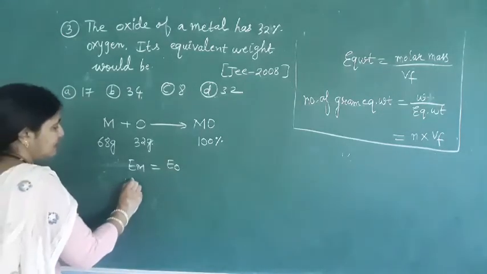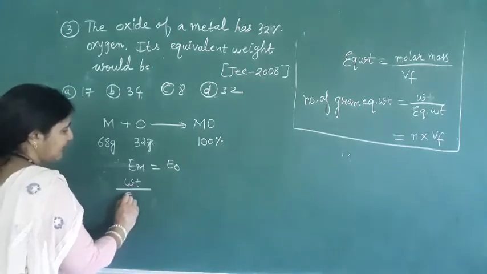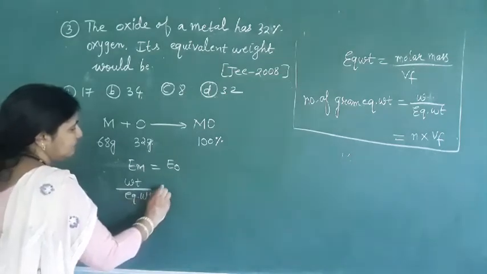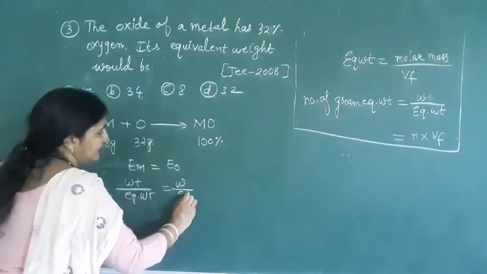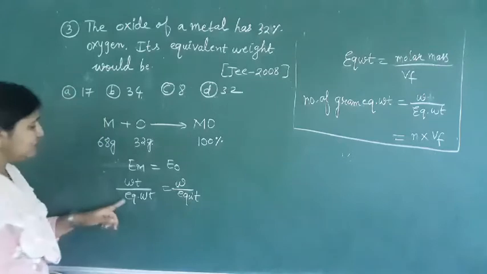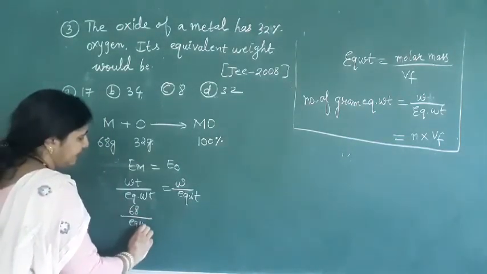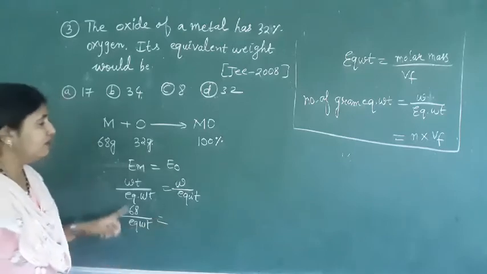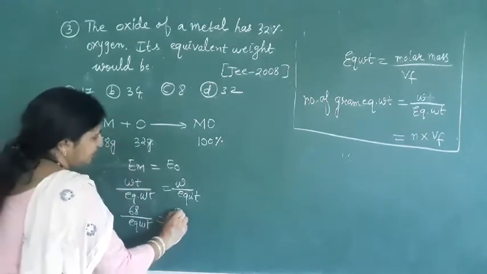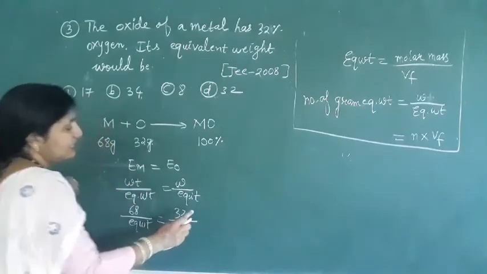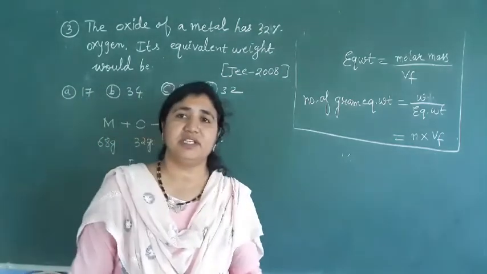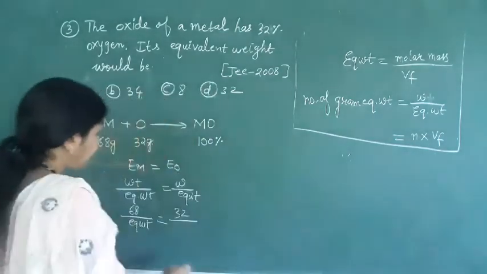Equivalent of metal means weight divided by equivalent weight is equal to weight divided by equivalent weight. The weight is 68 divided by equivalent weight here, and here 32 gram weight is given, and the equivalent weight of oxygen is 8, which we have just calculated.